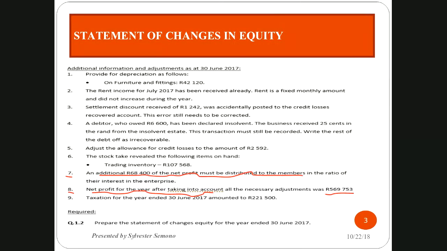And again, I want us to note the transaction on the 9th, which is the taxation. Yes, sometimes it can affect us, but we need to check whether we're still going to use it or not. I'm going to explain more on that. For now, I just want us to look at 7, 8, 9. Please note them, because I still have to come back and explain. Any questions so far?